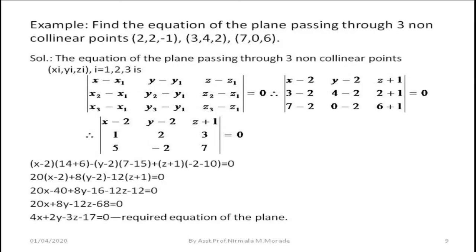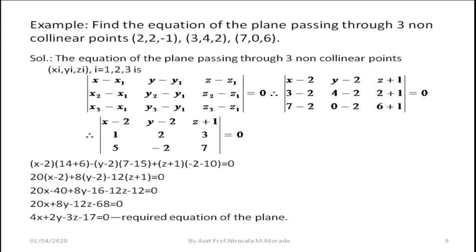Find the equation of the plane which is passing through the three non-collinear points 2, 2, minus 1; 3, 4, 2; 7, 0, 6. For that, denote the first point as x1, y1, z1, the second point x2, y2, z2, and the third point x3, y3, z3.